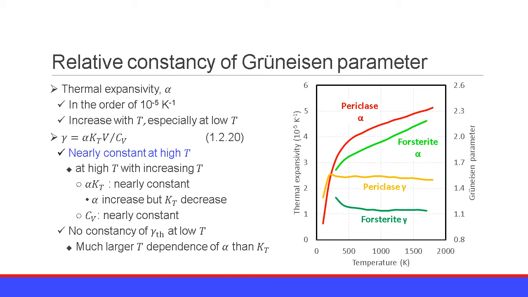Therefore, as a result, the Grüneisen parameter gamma is also nearly constant at high temperatures. On the other hand, the Grüneisen parameter is not constant at lower temperatures because the thermal expansivity alpha and K_T vary differently at low temperatures.